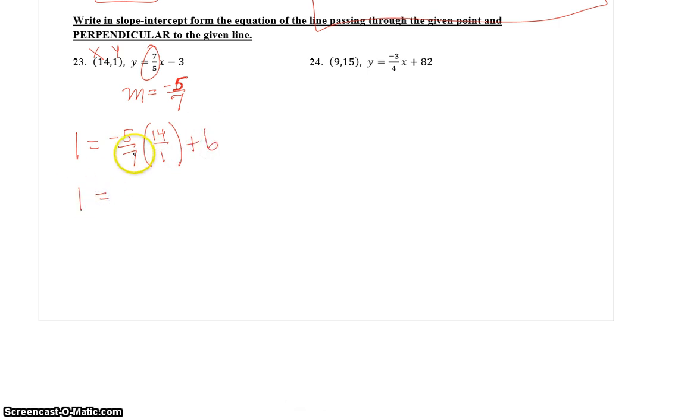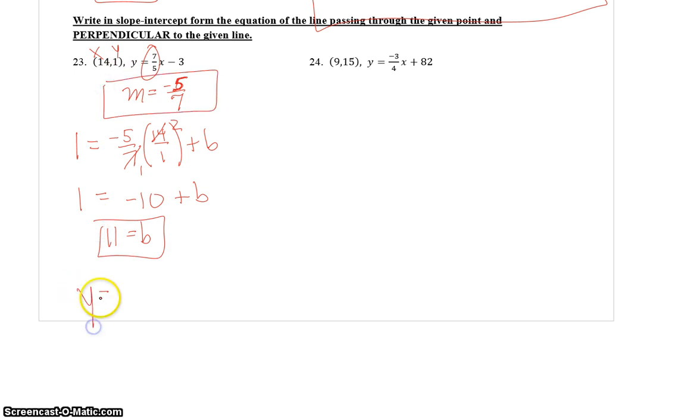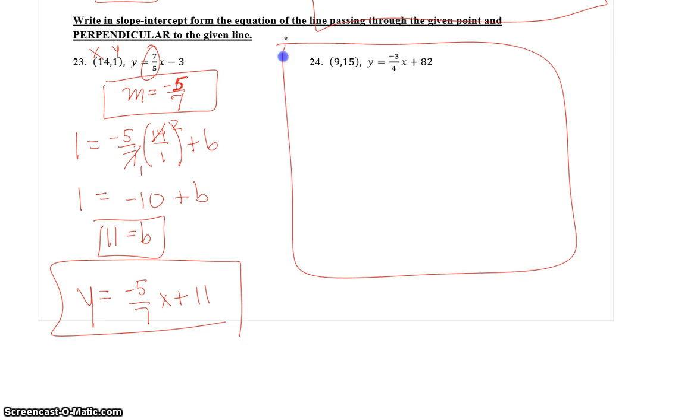So 1 equals, I'm going to reduce this to negative 10 here after I multiply, plus b. If I add 10 to both sides, I get b equals 11. So again, we have a slope and a y-intercept. Y equals negative 5 over 7x plus 11. Please try number 24 for tomorrow.